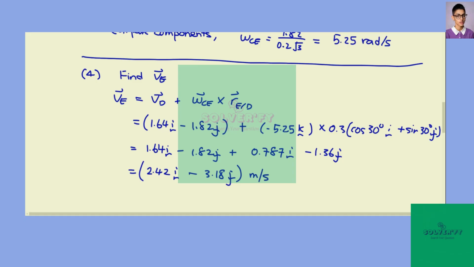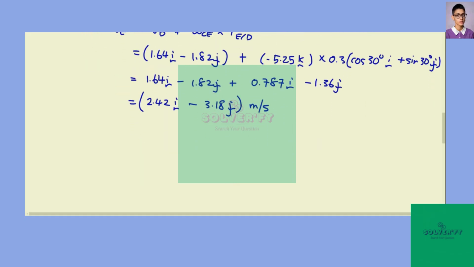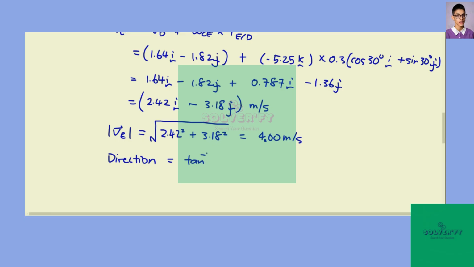meters per second. So the magnitude of VE is equal to the square root of 2.42 squared plus 3.18 squared. You can find this to be 4.00 meters per second. And then the direction is the tangent inverse of 3.18 divided by 2.42.